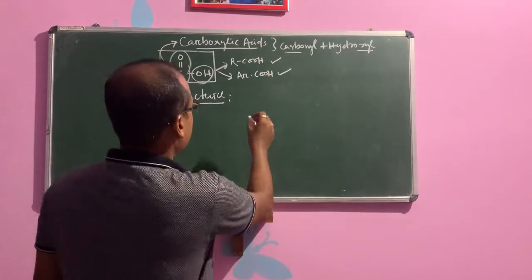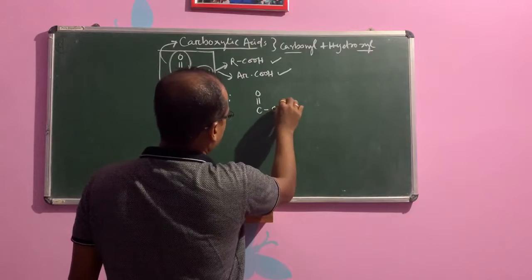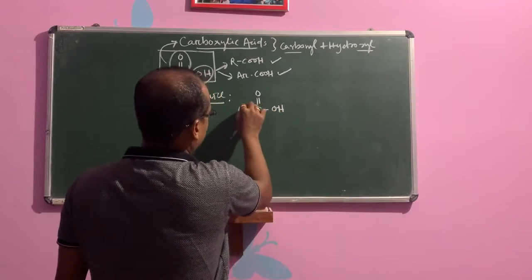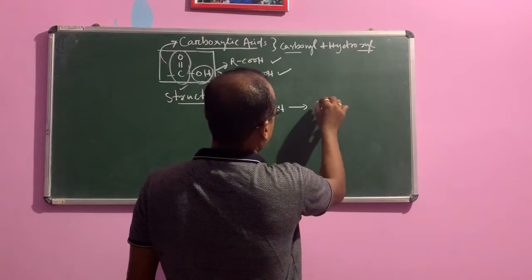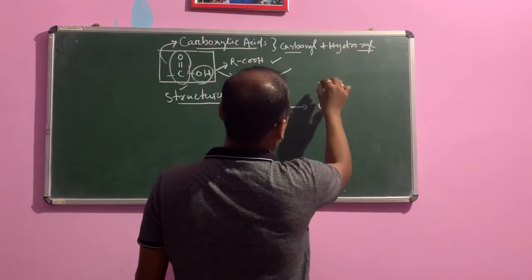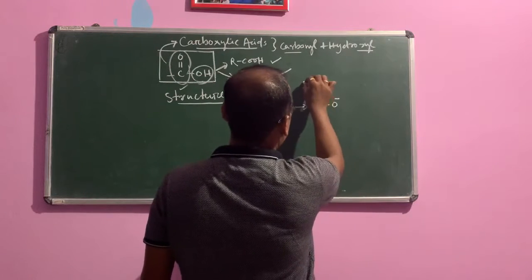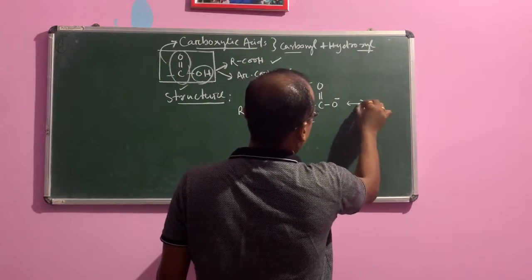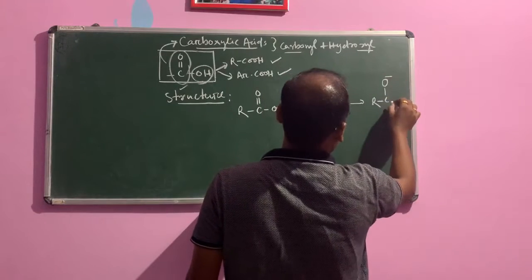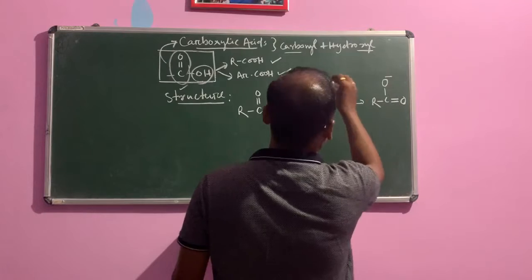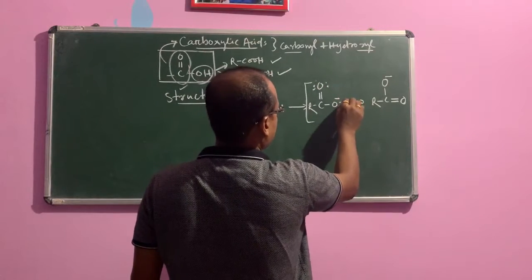In the structure, you see, this is your carboxylic acid, that is OH, and you can take R or Ar. Then C double bond O, with O minus, resonating C O minus, double bond O. We put the lone pair on both sides.